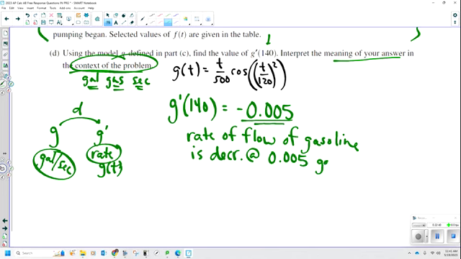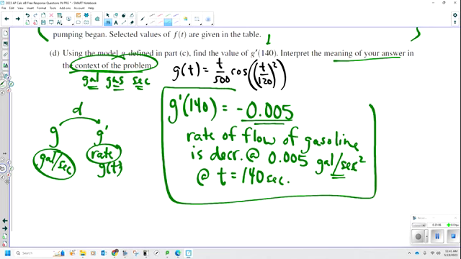Now it's gallons per second per second, because that takes my rate to another rate, or you could say gallons per second squared. Either one of those would have been fine. But be specific: at time equals 140 seconds. Be specific. There you go.